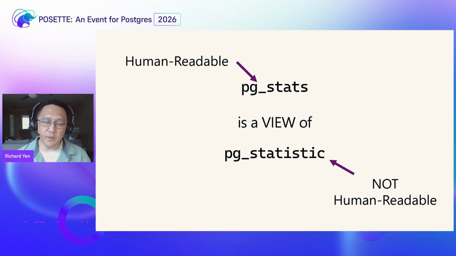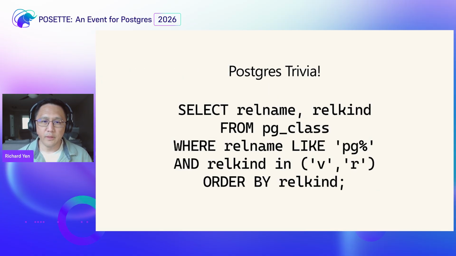The reason why is because the Postgres community that developed it wanted PG statistic to be more human readable. And when you look in PG statistic, if you do a select star, it's not going to be very useful to you. So using PG stats is going to be your way to get an idea of what the query planner sees when it makes a query plan.